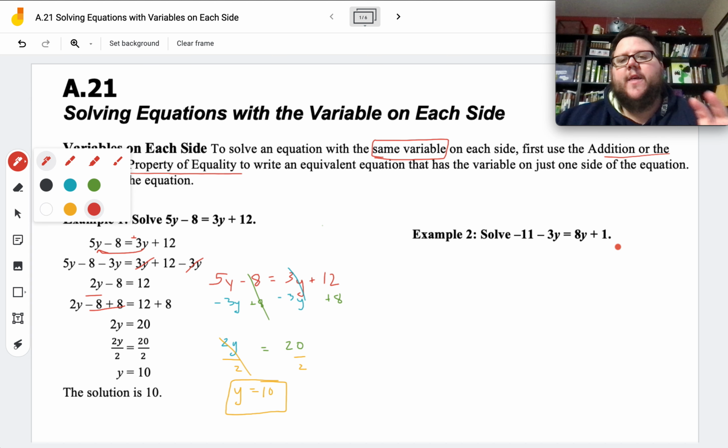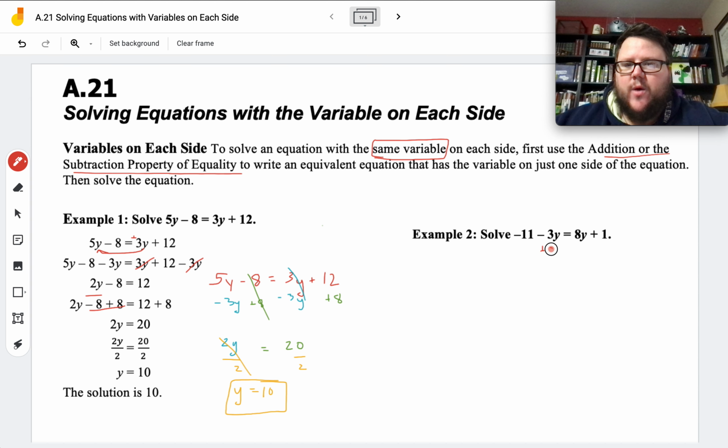All right, so one of the things I like to do is I take the smaller variable, and that's the one I'm going to move. So where it says negative 3y, I'm going to move that. So add 3y to both sides. My 3y's cancel, so I get negative 11 equals 8 plus 3y is 11y plus 1.